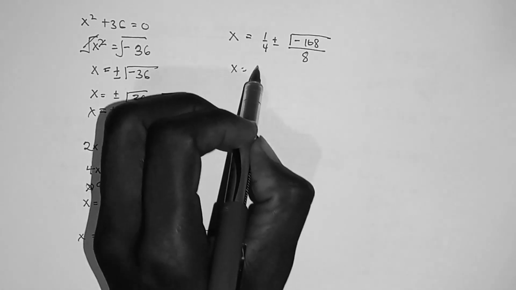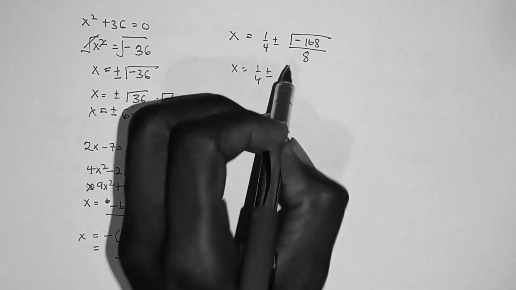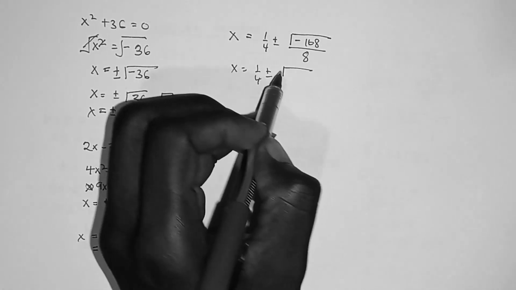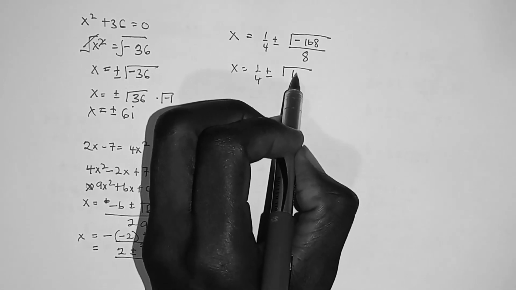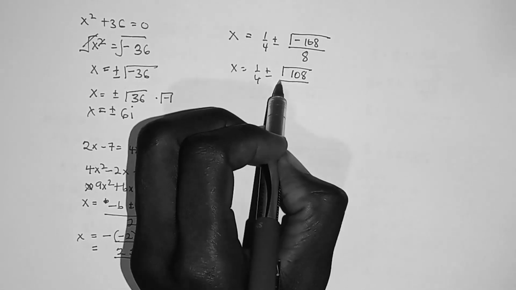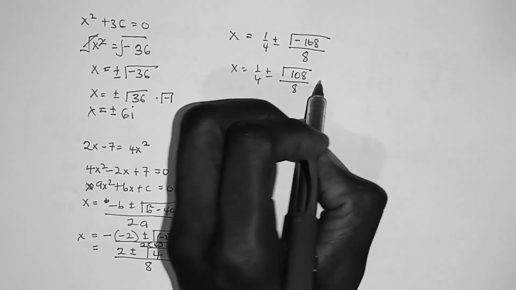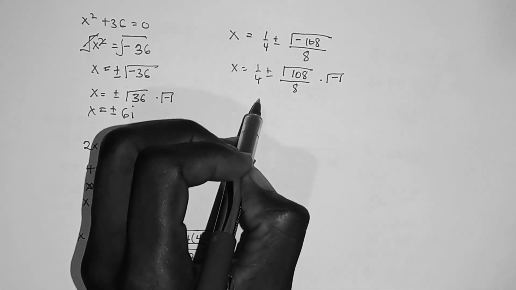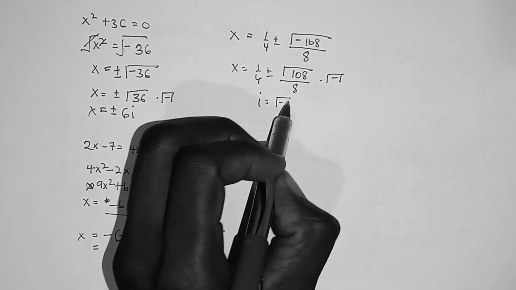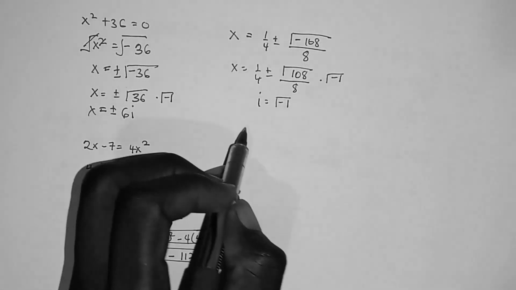So x is equal to 1 over 4 plus or minus. So we can factorize minus 1 out of this. So we are left with square root of 108 divided by 8 times square root of minus 1. And then we've established that i is equal to square root of minus 1.